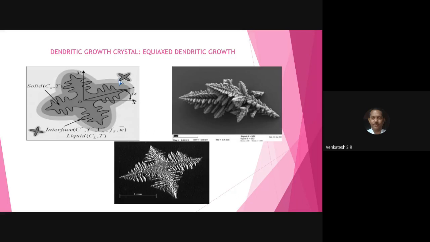Next line, write down number two. The heat transfer between liquid metal and the mold walls.